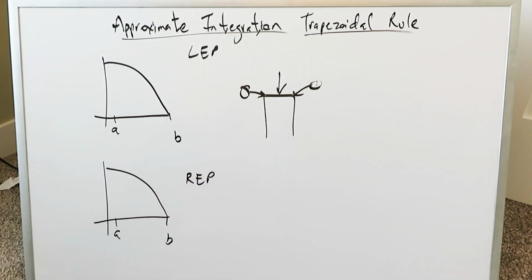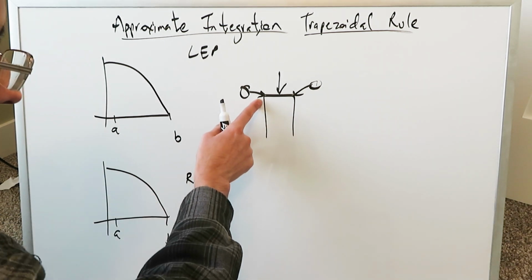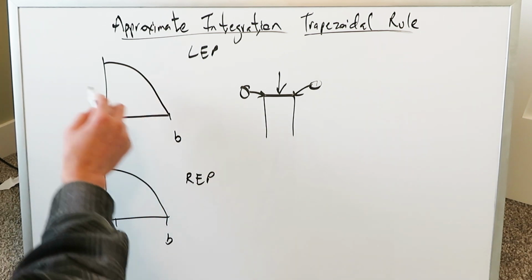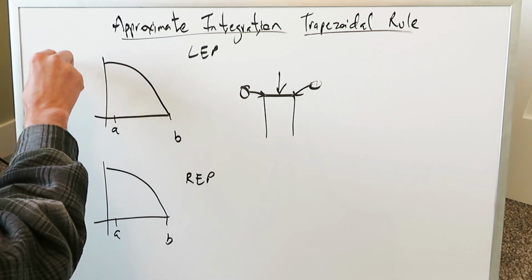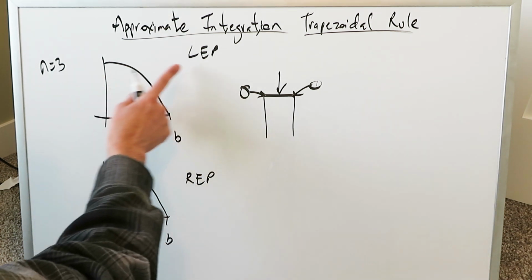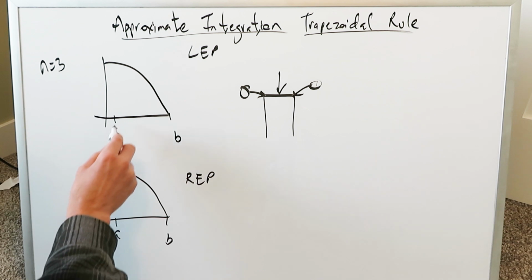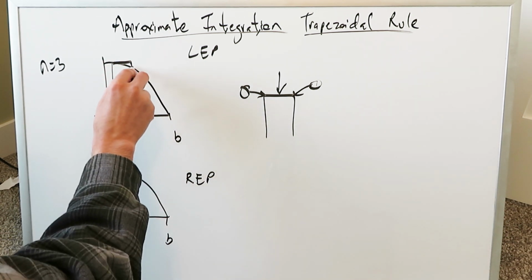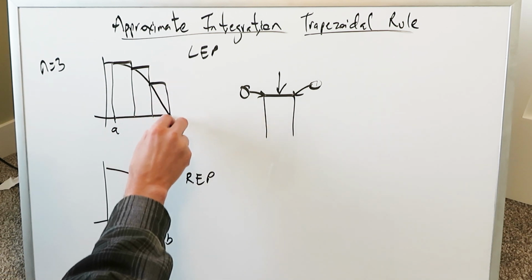Based on how the curve touches this rectangle, you can either have left endpoints and right endpoints. Let's say for this specific instance, we're looking here at n equals 3, so we're drawing 3 rectangles. If you're looking at rectangles where the left point touches the curve, then you're going to see something like this. The left point is touching the curve and we have to fit in 3 rectangles.